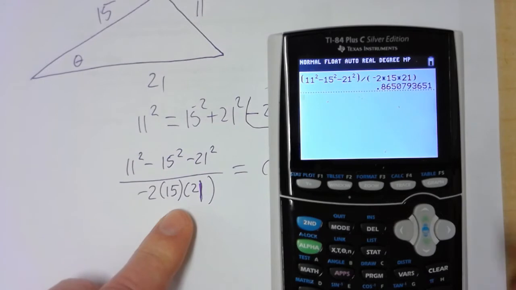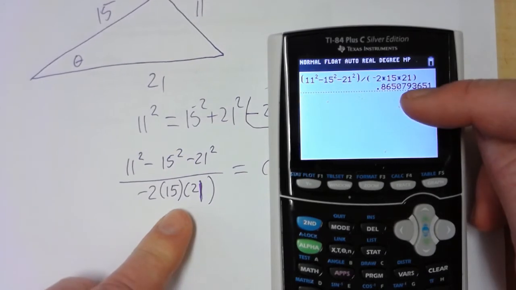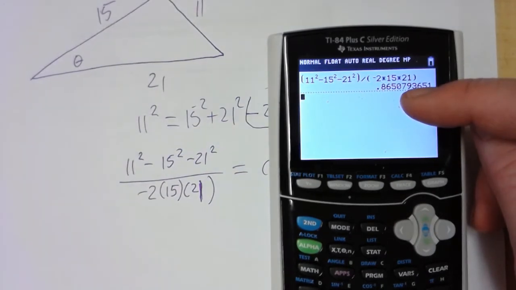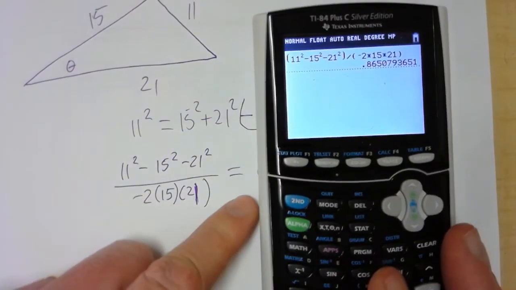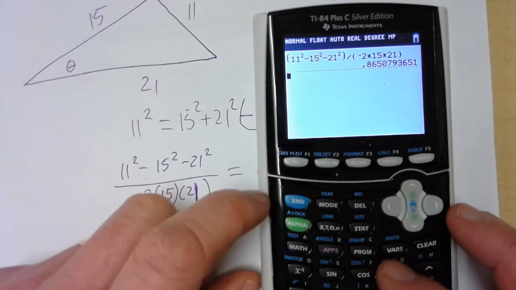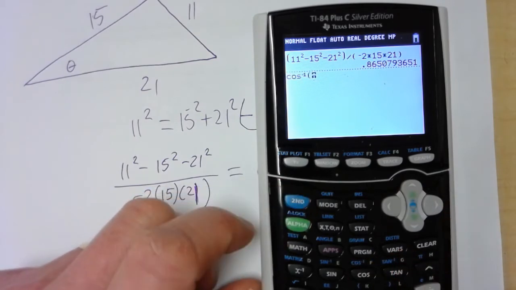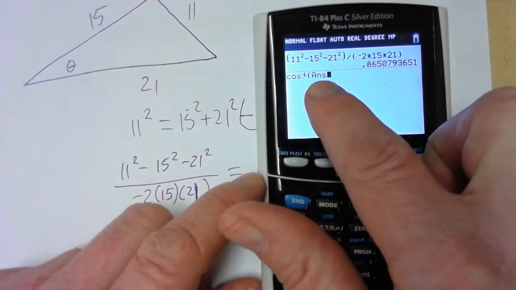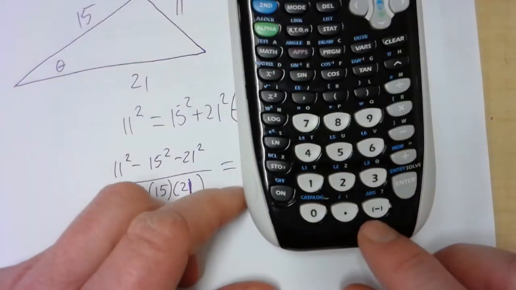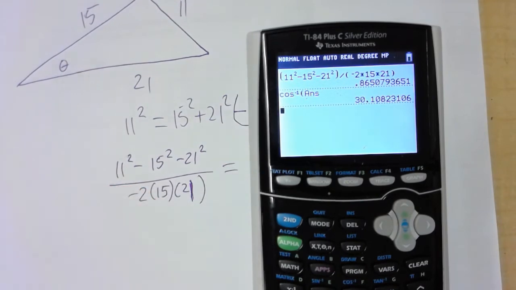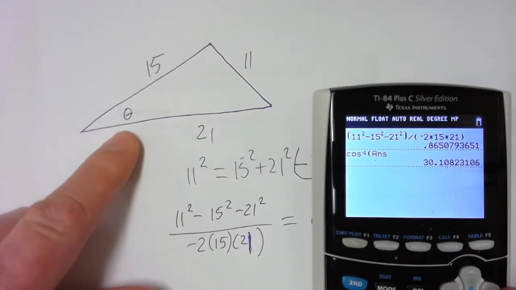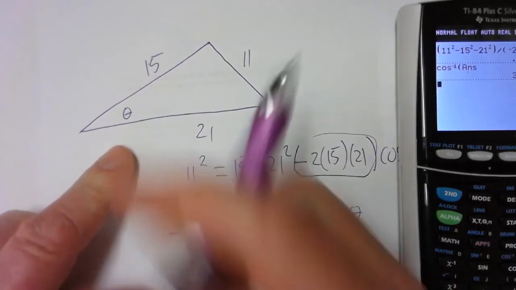That actually looks really familiar to me because I've been doing trig stuff for a long time. Now I do inverse cosine on that, because cosine of theta would be that ratio. So I do inverse cosine, second answer. The answer key, remember, is above the negative sign down there. Enter. So 30.1 degrees. Now I said it was 30 degrees because I was rounding. So that really is 30 degrees.